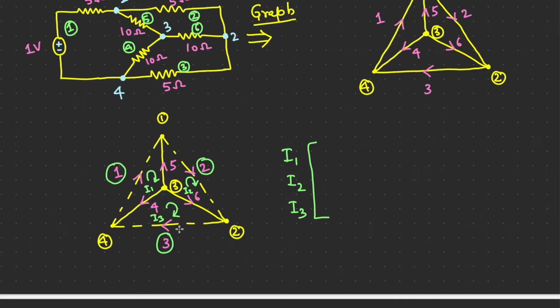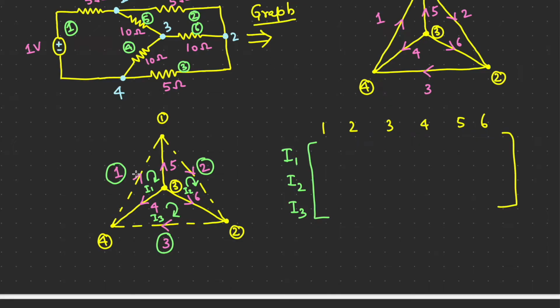And then we will see how many are along the direction of this link and how many are opposite to this direction. If it is in the direction, we will take them positive. On the top, we have branches 1, 2, 3, 4, 5, 6. So let's take all the values.